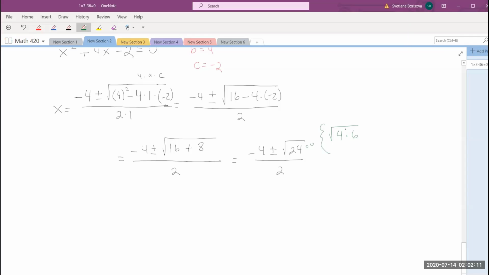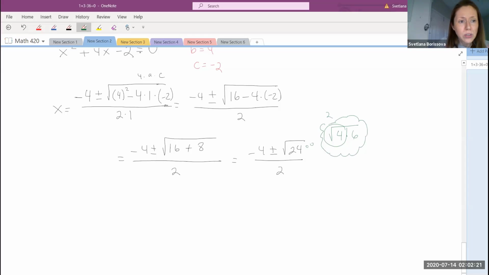Okay, and then the square root of 4 we can evaluate. That's going to be 2. But then 6 will stay inside the radical. So that means that it's negative 4 plus or minus 2 square root of 6 over 2, like that.